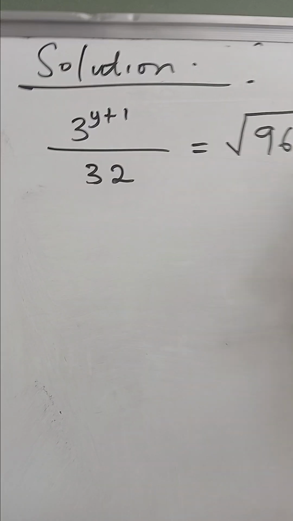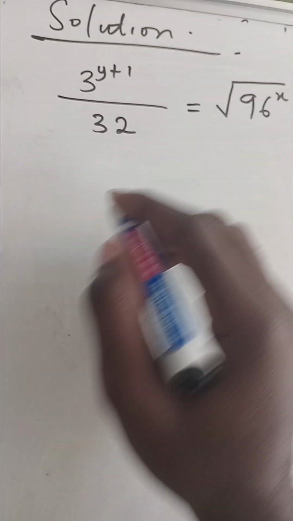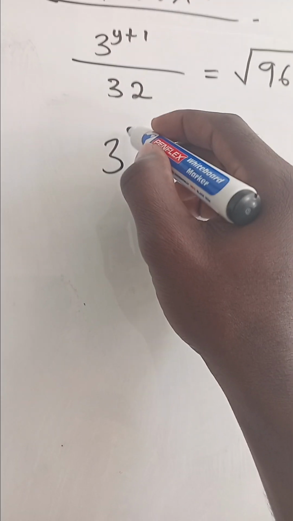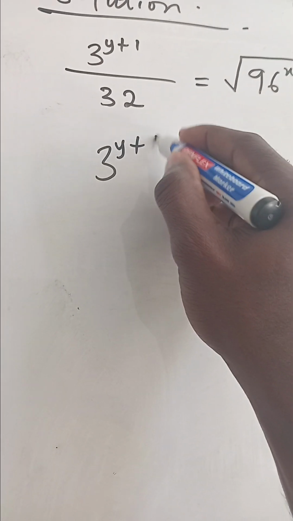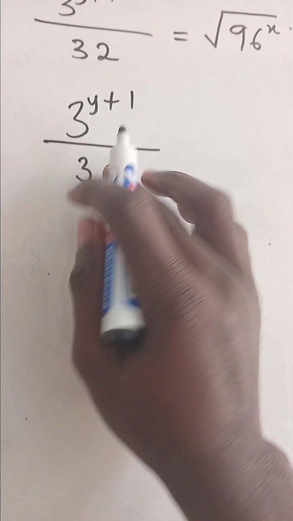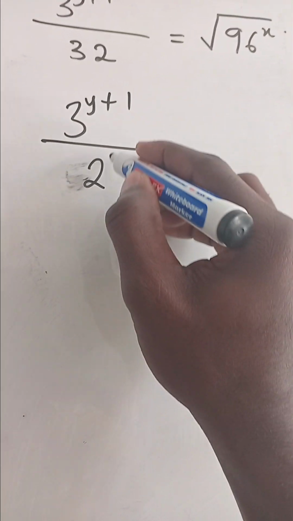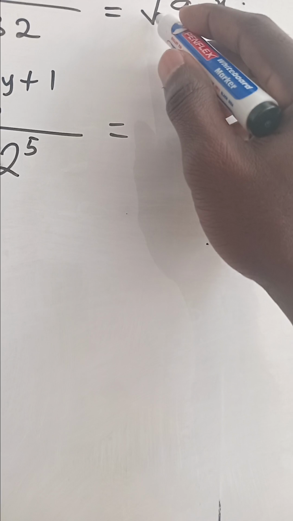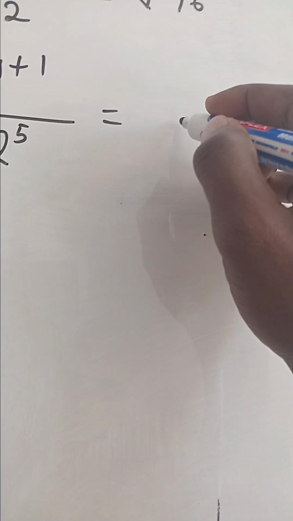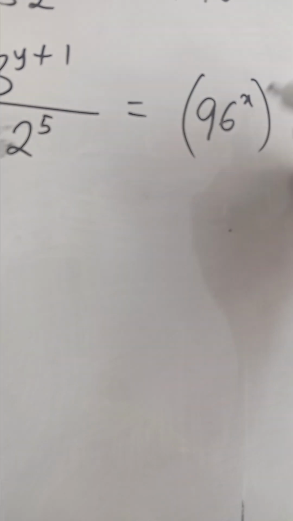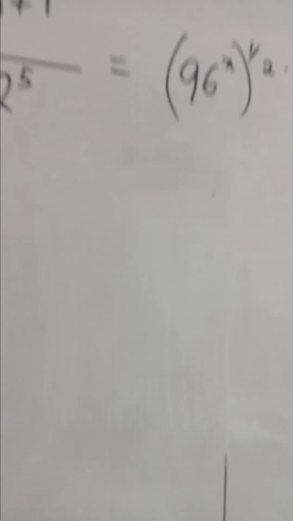So, solution to this, we can rewrite this as 3 raised to the power of y plus 1 divided by 32. 32 can be written as 2 raised to the power of 5, which is equal to our square root, which can be written as 96 raised to the power of x, all to the power of half.